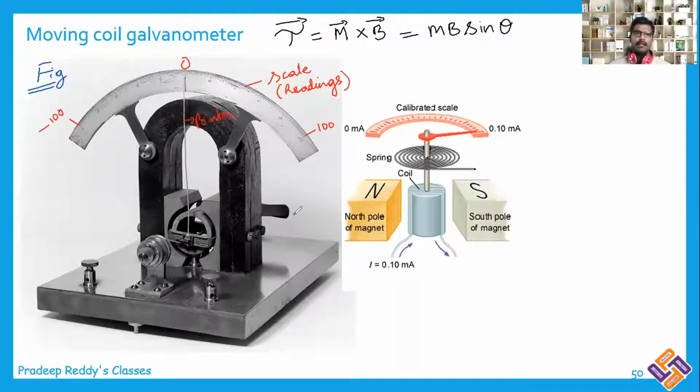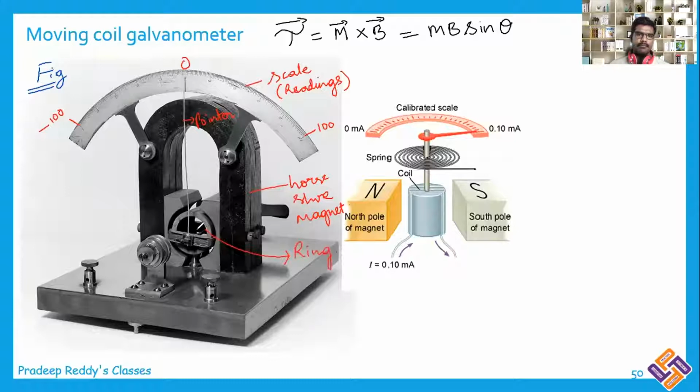Now the scale is mounted on a horseshoe magnet, and it is fixed with screws. Between the horseshoe magnet's poles, you are taking this ring.